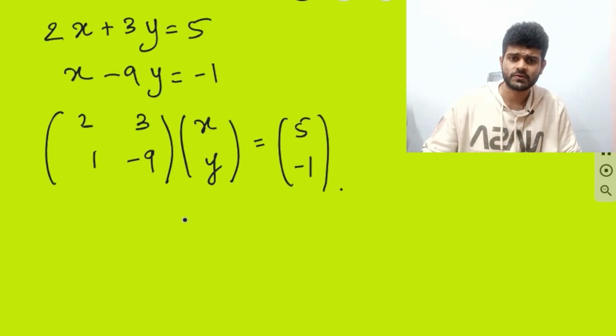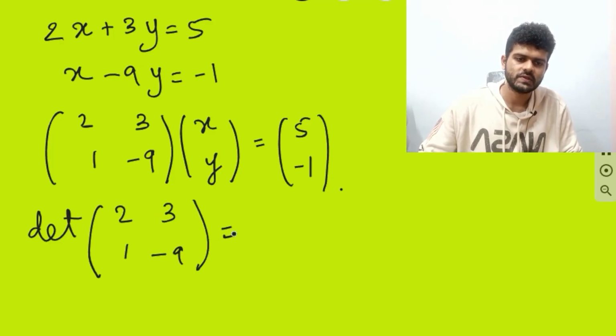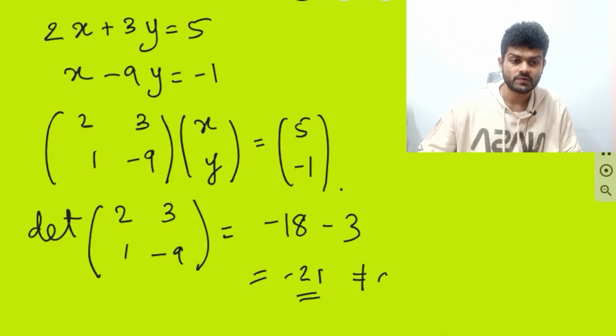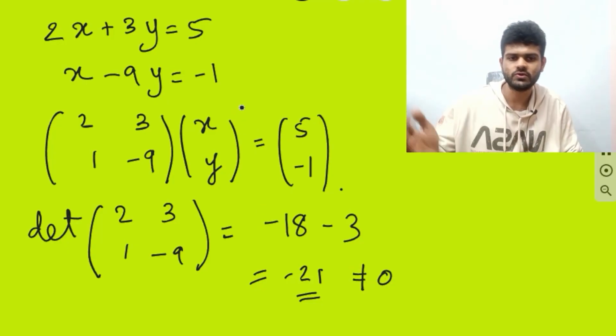Okay, so this is a system. Now you know how to solve it. You just need to find the determinant of this particular matrix, 2, 3, 1, minus 9. The determinant in this case is minus 18 minus 3, so this is minus 21. This is not zero, so for sure you know that there's a solution for this system. What you do is you just invert the matrix.